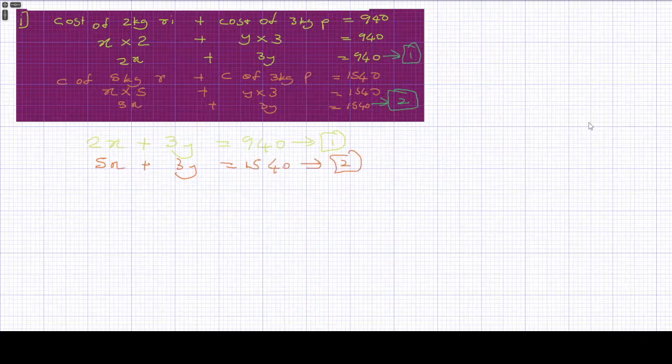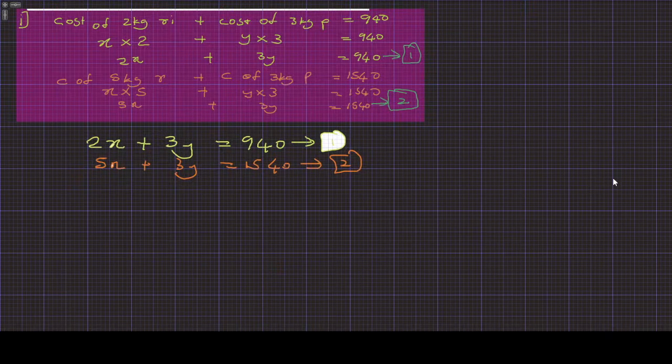Right. So there are two methods to solve a pair of simultaneous equations. One is called the method of substitution, and the other one is the method of elimination. I'll use the method of elimination.